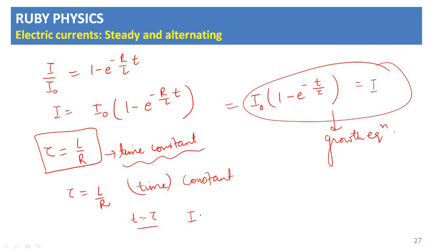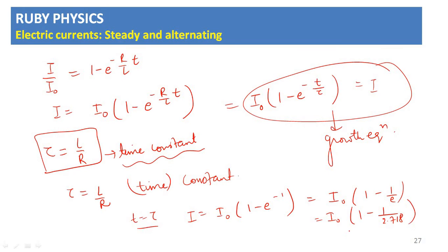It will be I is equal to I₀(1 - e^(-1)), and this can be written as I₀(1 - 1/e). By substituting the value of e, 2.718, and solving this you will get 0.632 I₀, that can be written as 63.2% of I₀.